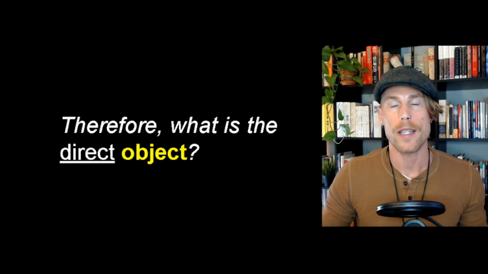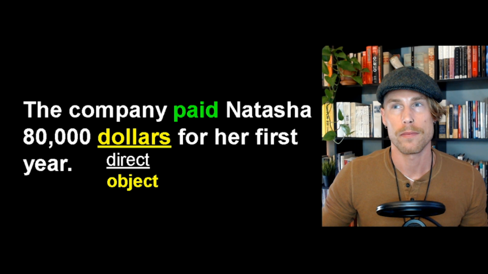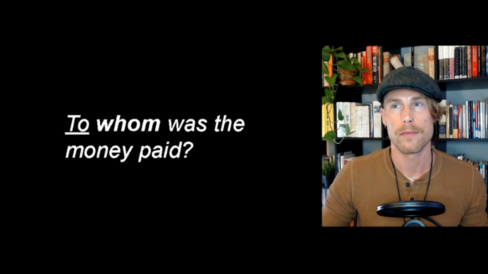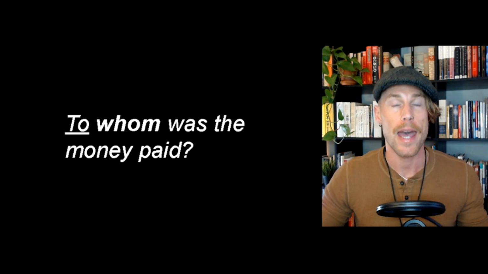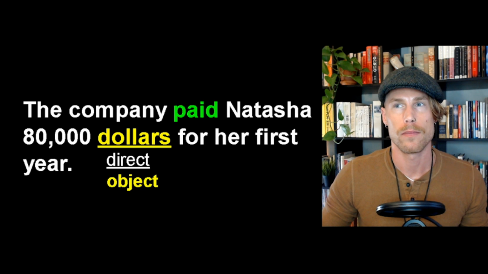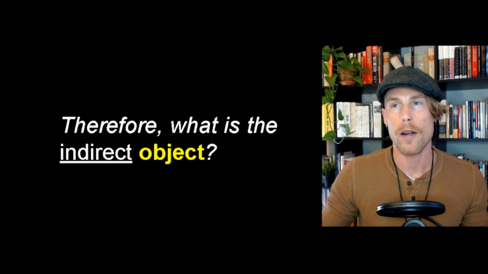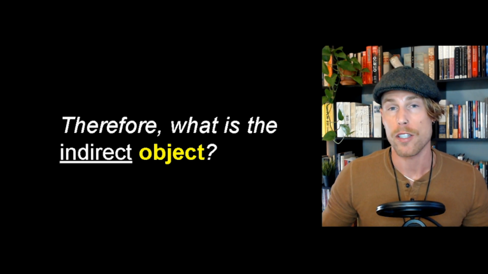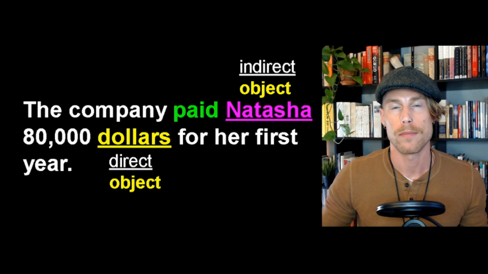Therefore, what is the direct object? Dollars. And to whom was the money, the dollars, paid? Natasha. Therefore, what is the indirect object? Natasha. Easy, right?